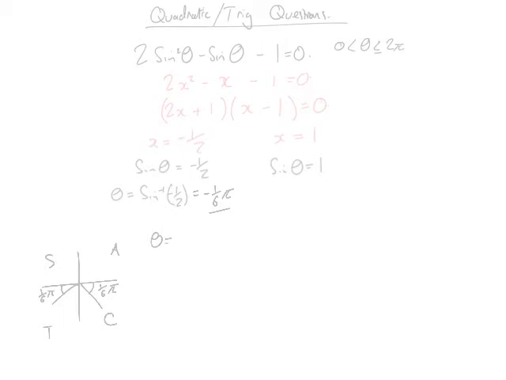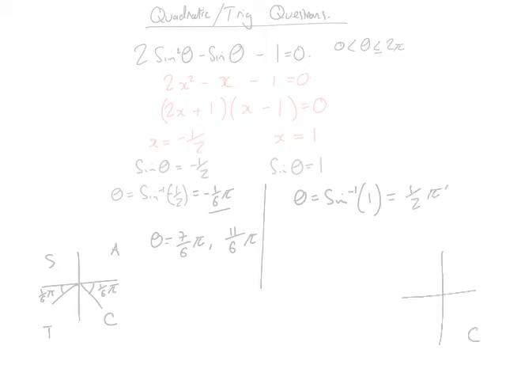And then we are adding or subtracting that to pi and 2 pi respectively. So our first solution is a straight line plus 1/6 of pi. That's pi is a straight line, so 7 over 6 pi. And then taking 1/6 of pi away from 2 pi gives us 11/6 of pi. And those are two of our solutions.